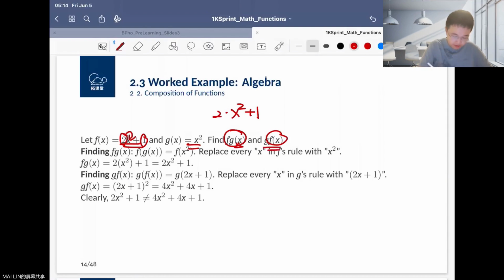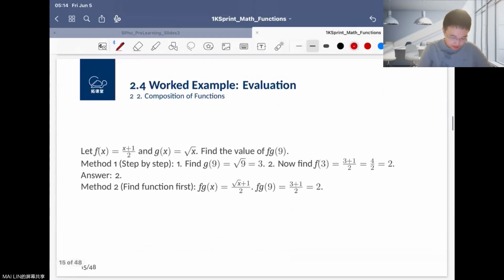And for g(f(x)), the inner part is 2x + 1, and then we square it, so that is (2x + 1)², okay? That's the difference. You can expand it: (2x + 1)² means 4x² + 4x + 1, which is quite different from 2x² + 1, okay?